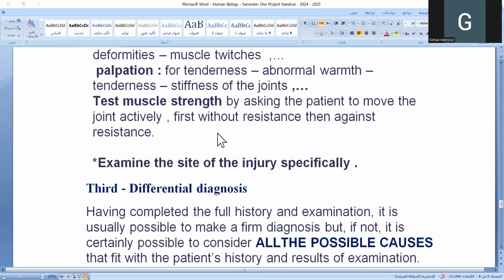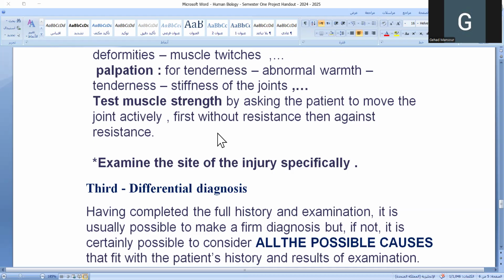So if the patient is capable of moving the joint actively, you will start by adding resistance, meaning that if you ask the patient to extend his leg, then you would push with your hands against the leg during extension in the opposite direction in order to see whether the patient has the power to extend against resistance.